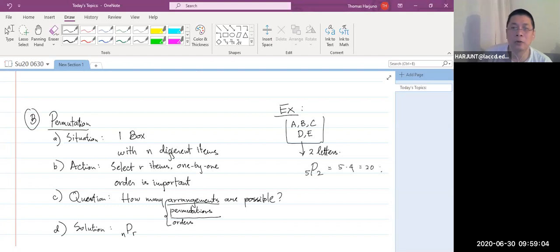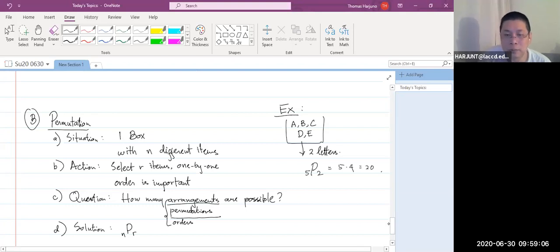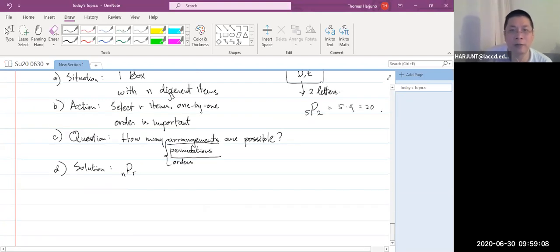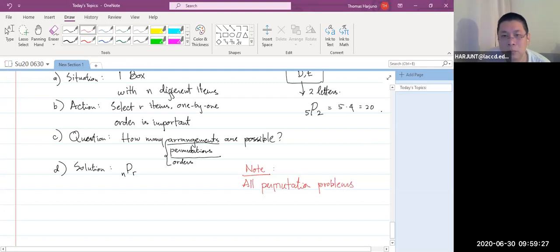Okay, now some notes, and this is a very, very helpful note. All permutation problems, this is part B, right?